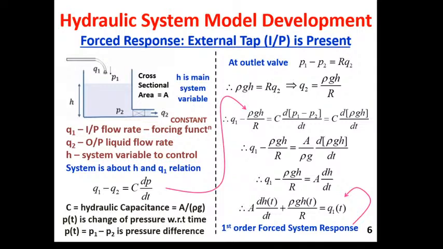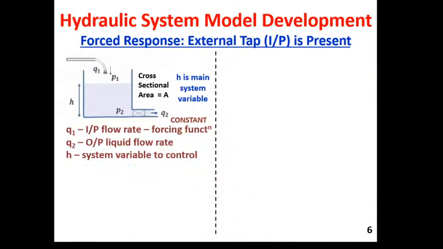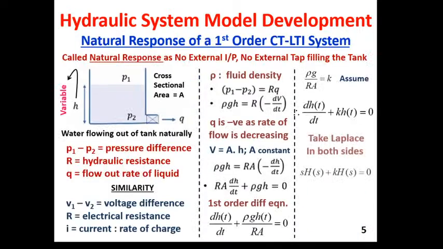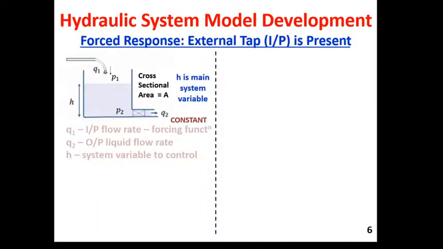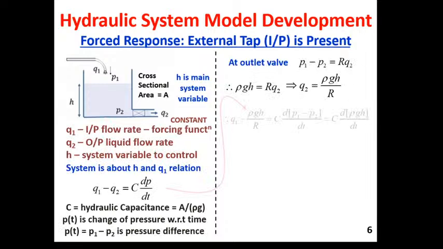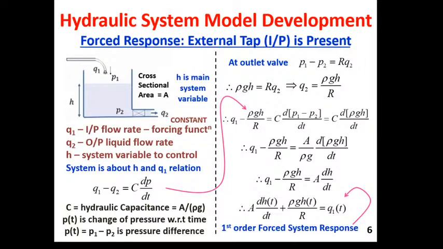equal to Q1(t). Now if you remember, in the previous case, as there was no forcing function, the equation we had was somewhat like this: dH(t)/dt plus kH(t) is equal to 0, because there was no forcing function. In this case there is a forcing function, and that forcing function is nothing but Q1(t).